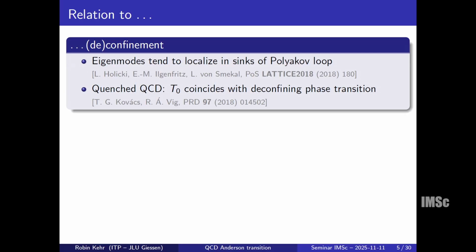Here you have the real part and here the imaginary part. And then below T_c, everything is here. And then if you go above T_c, the symmetry gets broken, and then you get some more in this direction. And these are the things here.